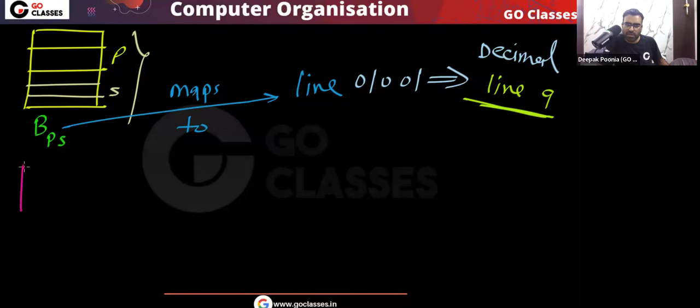And what about the block containing Q comma R? There is a block that contains Q, there is Q here.